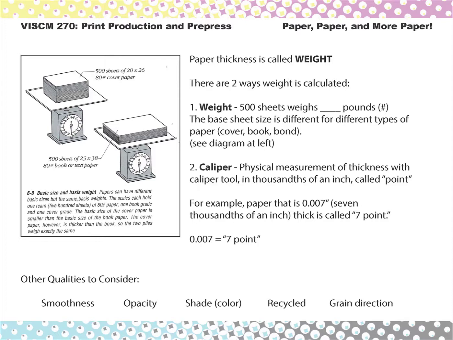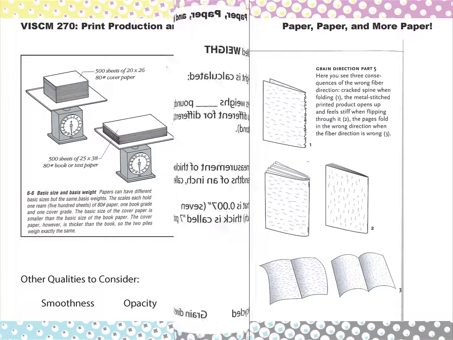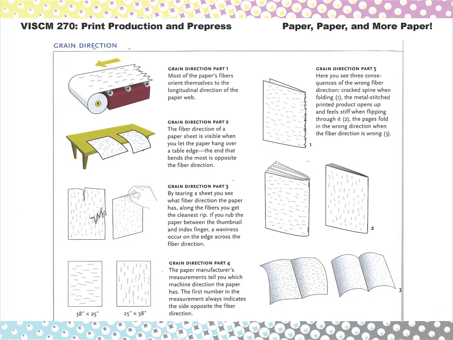We're actually going to talk about grain direction a little bit here. Back in the paper making process, as the slurry is put onto the sheets and it's being thinned out and drained, the fibers in the slurry will line up and orient themselves in the same direction, and that creates a grain to the paper.